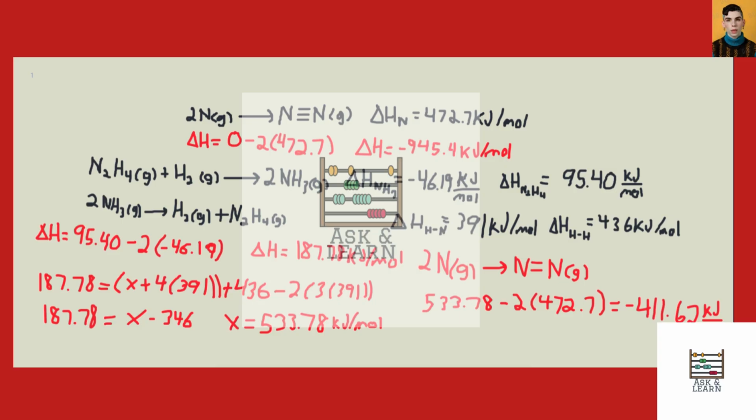So to answer part C, if we look at the answers from A and B, we can see that the formation of a triple bond is more stable than formation of a double bond because it has a much more negative change in enthalpy, which is a more favorable reaction.